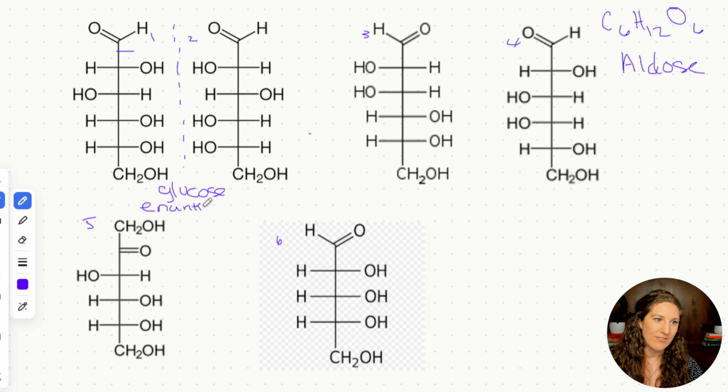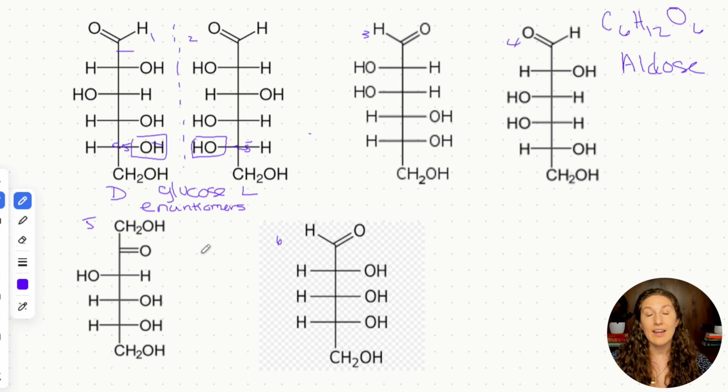And the way we define enantiomers in sugars is we look at carbon 5. So if we look at carbon 5 here, what we look at is where the hydroxy group is on carbon 5 in a Fischer projection. If it is on the right, it is D. We label it D-glucose. And if it is on the left, we label it L-glucose.